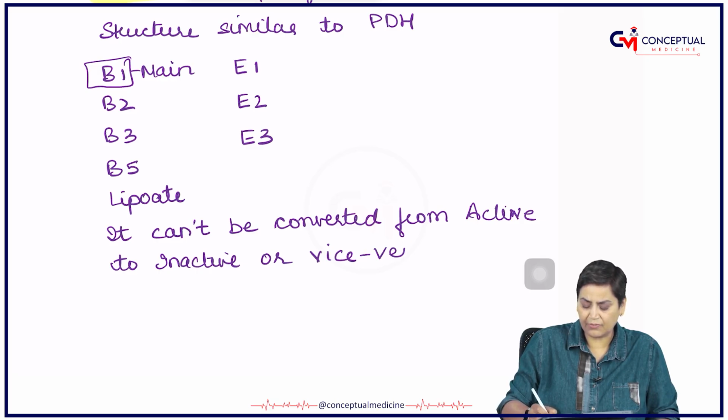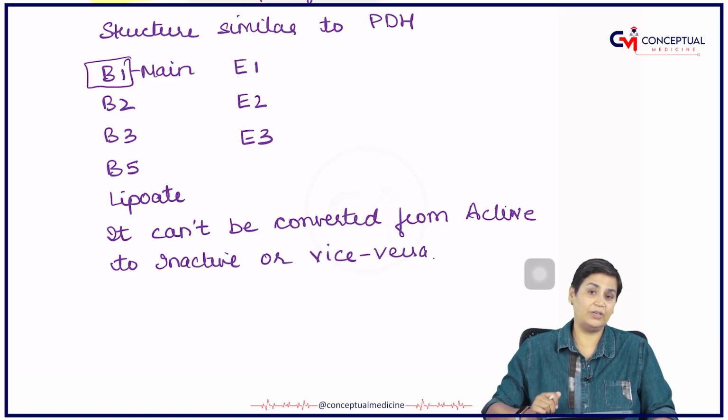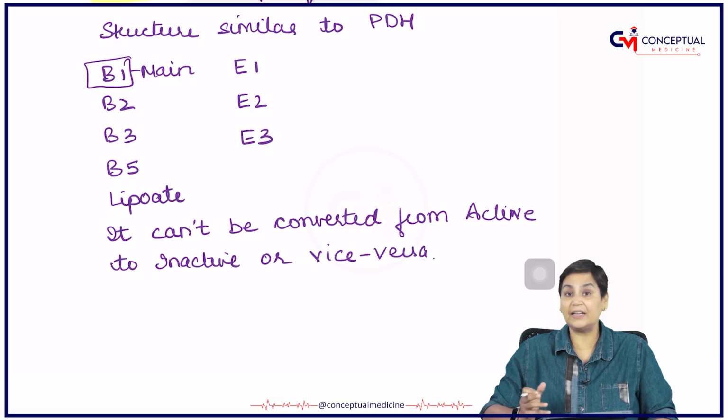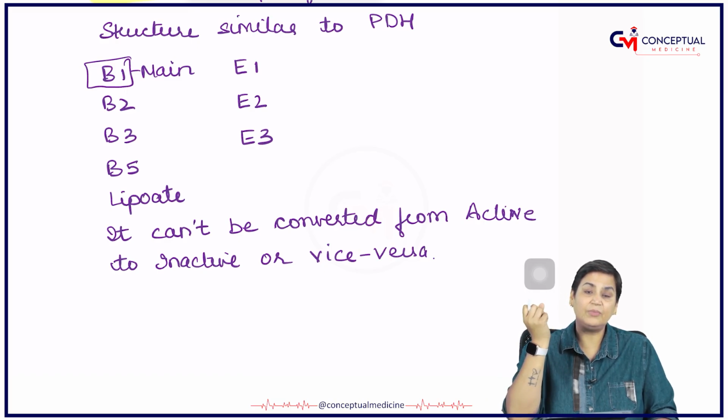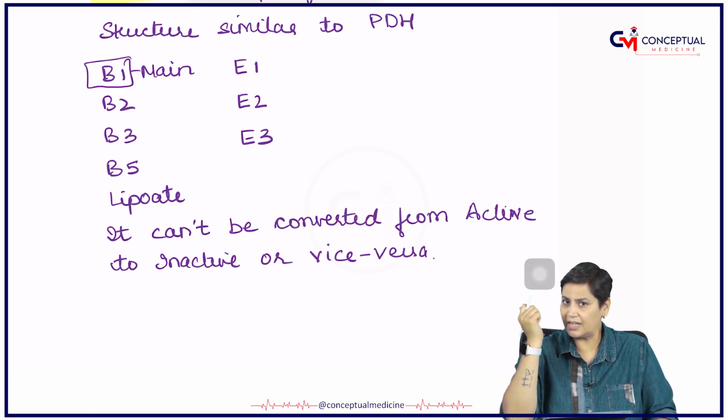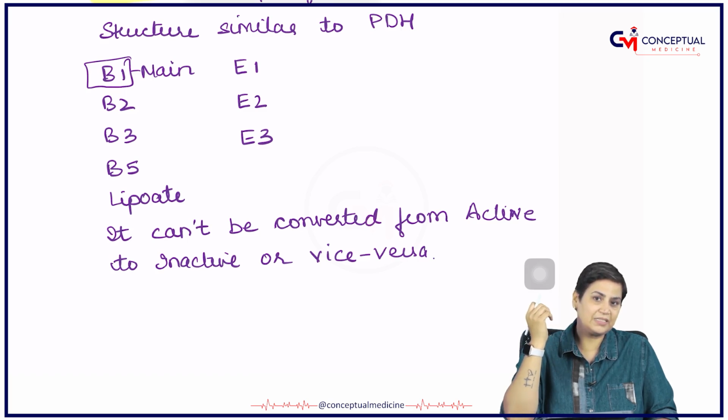Because the body cannot afford to undergo regulation of this TCA cycle. It will not become inactive. Why? Because TCA cycle is that cycle which is operative all the time. And this is the major pathway of oxidation of glucose. And there is an intermediary metabolism occurring in our body, whether we are having fats in the diet, whether we are having proteins in the diet.